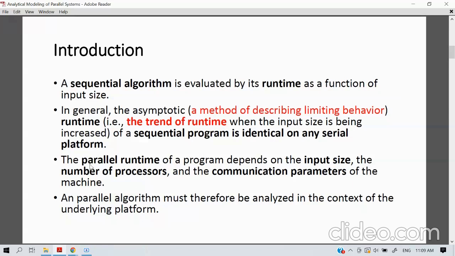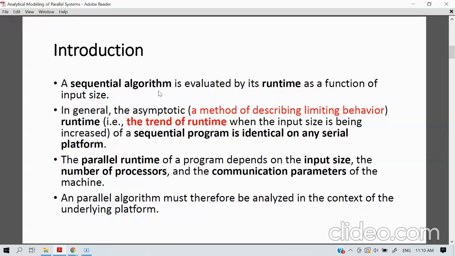Okay, and then how about parallel runtime? So parallel runtime depends on the input size. Everything depends on the input size. Okay, the small or the large size will reflect the runtime. So not only the input size, the number of processes and also the communication parameters also reflect the parallel runtime.